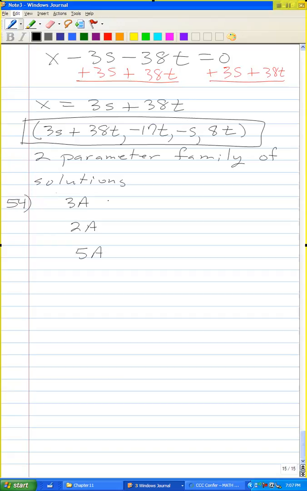That's food A. Food B has 2 units of protein, 3 units of fat. Food B, 1 unit of carbohydrate. Food C has 2 units of protein, 4 units of fat, and 3 units of carbohydrate.